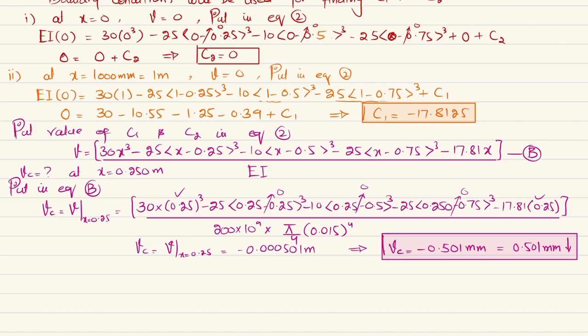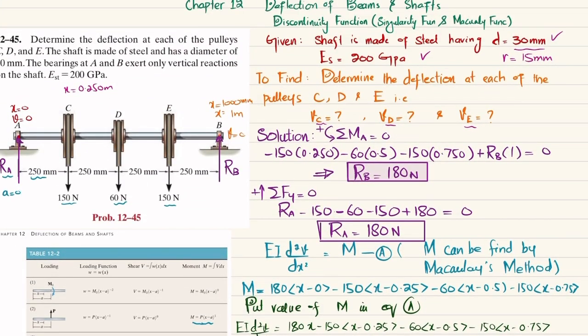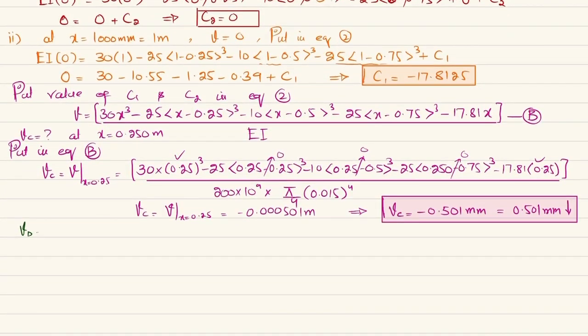Now we will move toward the deflection at pulley D. So X will be equal to 0.5 meter. So we will find deflection VD at X is equal to 0.5 meter.